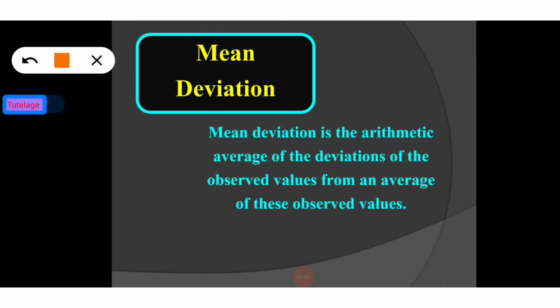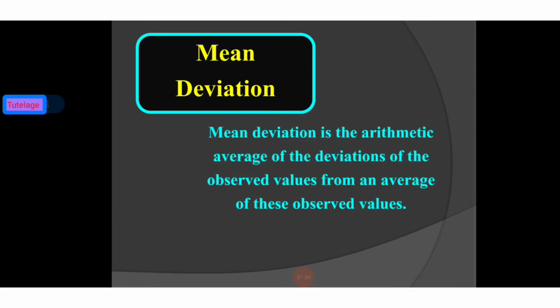We have already told what you mean by a mean deviation, but before going to the calculation process of mean deviation, at first we have to know what a mean deviation is. Basically mean deviation is the arithmetic average of the deviation of the observed values from an average of these observed values.